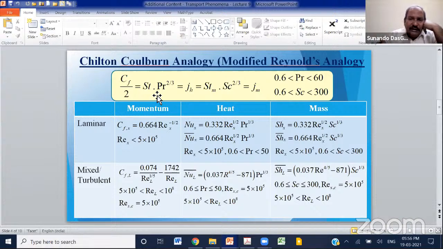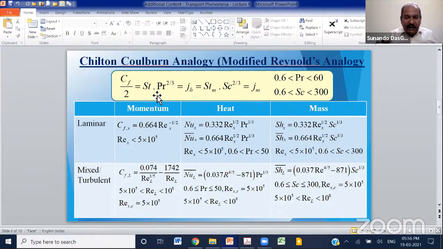So in many of the studies of fluidized bed heat transfer or fluidized bed mass transfer, people generally use relations which are empirical in nature. So if they are empirical in nature, at least using the analogy, you could switch between the heat and the mass transfer, and use that for your calculation.